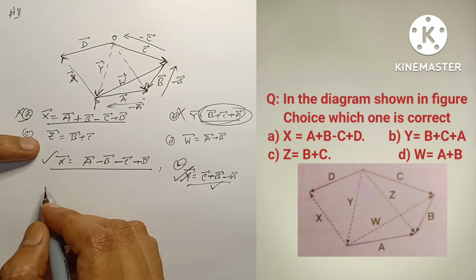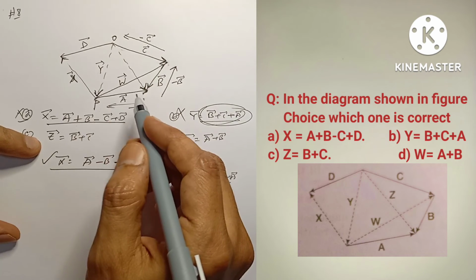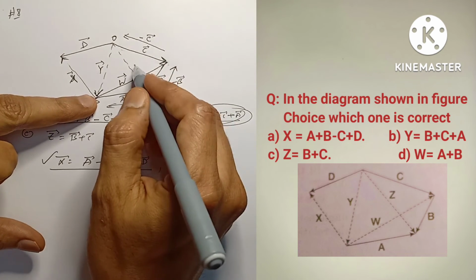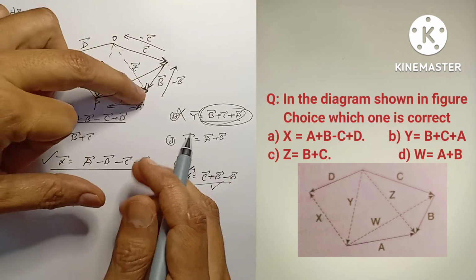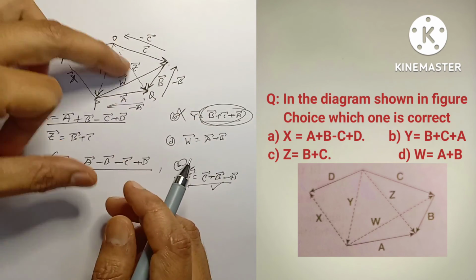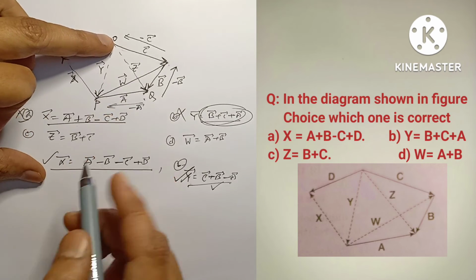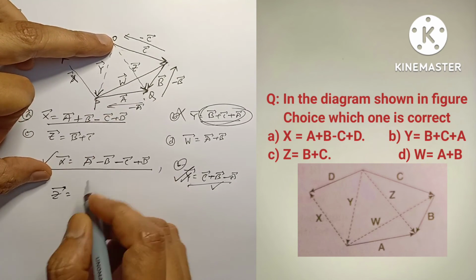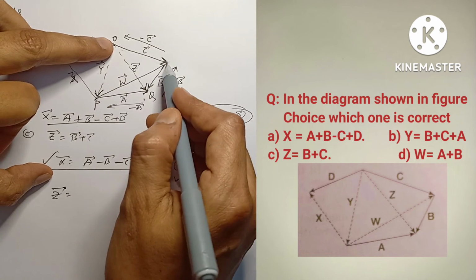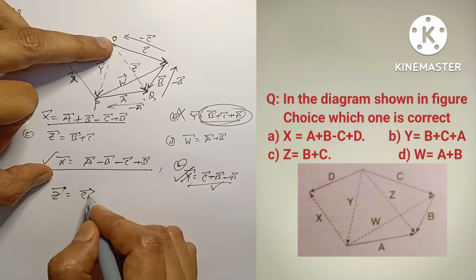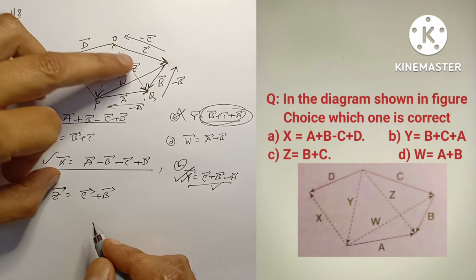And z, how to find z here? This is the z vector, from O to, suppose, Q. From O to Q, z will be the sum of c vector plus b vector. So we can write c vector plus b vector.